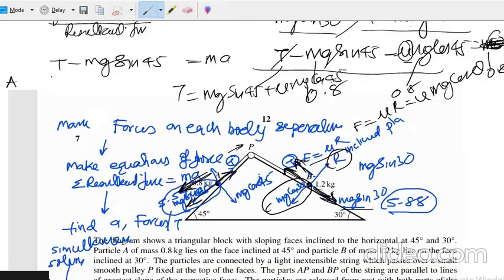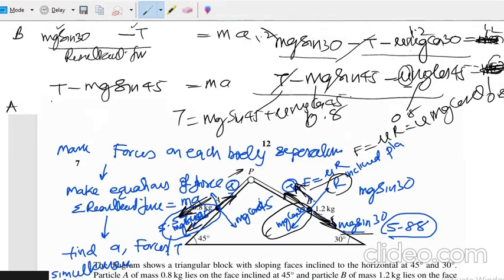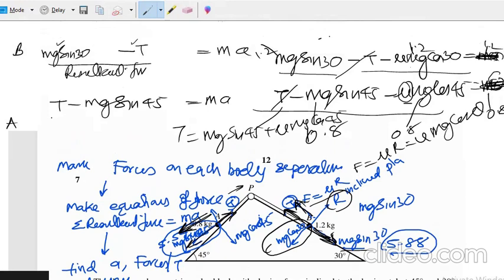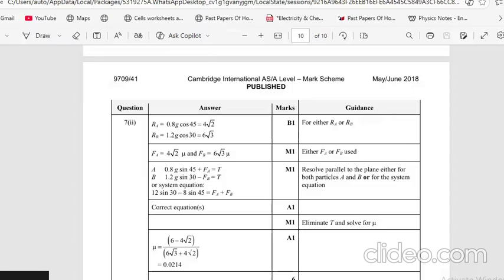The other equation he gives is T is equal to mg sine 30 minus F. This T goes to the other side, and this also goes, plus F is equal to mg sine theta. What was the equation for A?